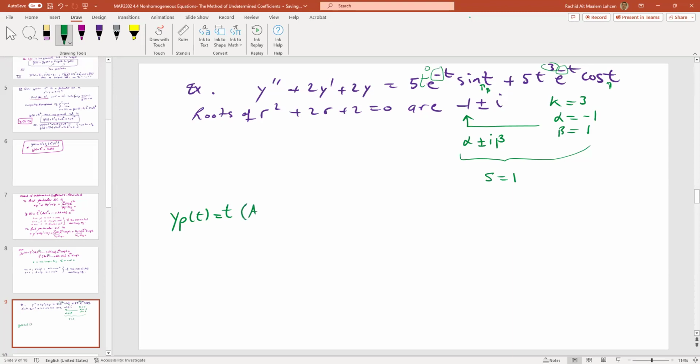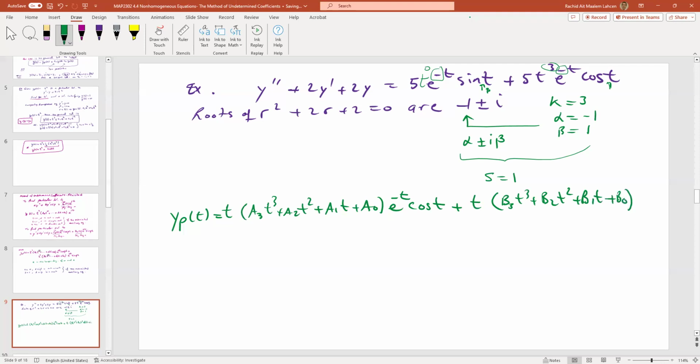We need some polynomial with kth degree, which is 3, times the exponential function times cosine t. And we just repeat, we change the coefficients to b, and times the exponential function and times sine of t.